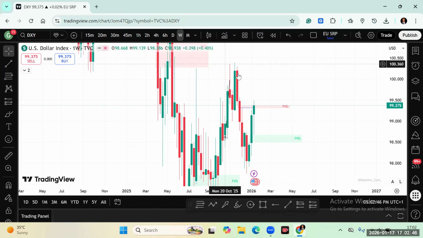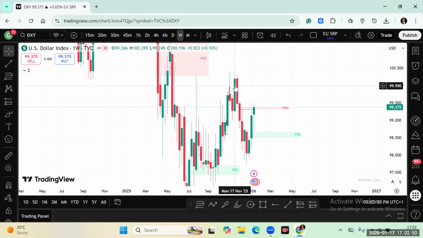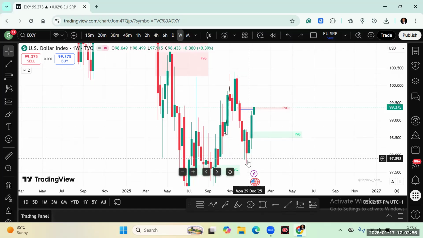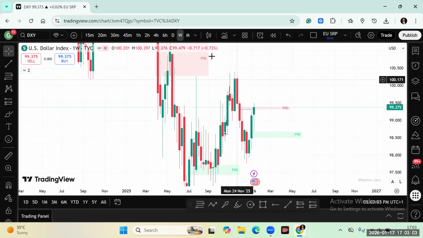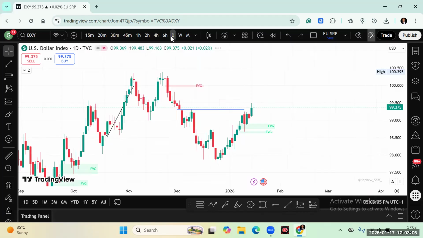So if you look at November, in the month of November, it started selling and came to the low of 97 in December. Then it's been coming back and it's targeting this high. So let's go to the daily time frame.